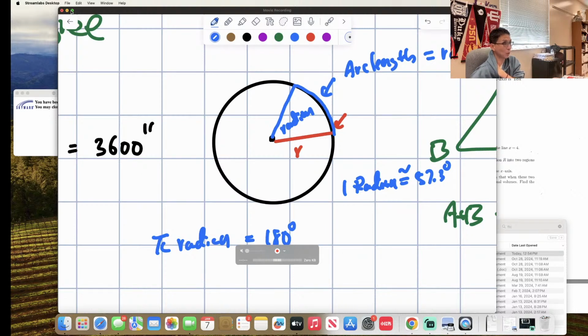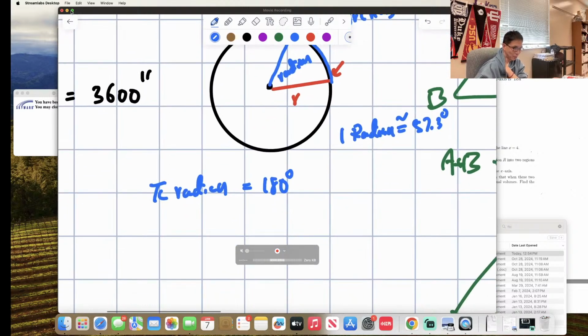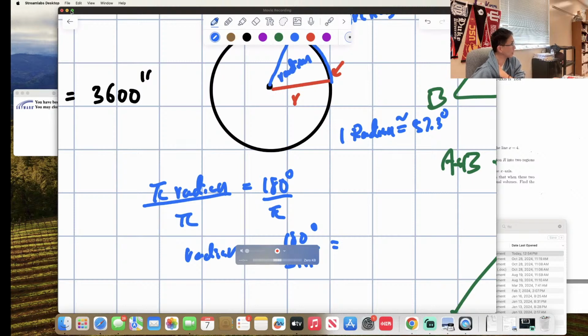Does that make sense? 1 pi radian is equal to 180 degrees. Because that's 3.14, right? So guess what? Can I divide by pi on both sides? So 1 radian is equal to 180 divided by 3.14. If you take a calculator, 180 divided by 3.14 is equal to 57.3 something something. Roughly it's 57.3 degrees.